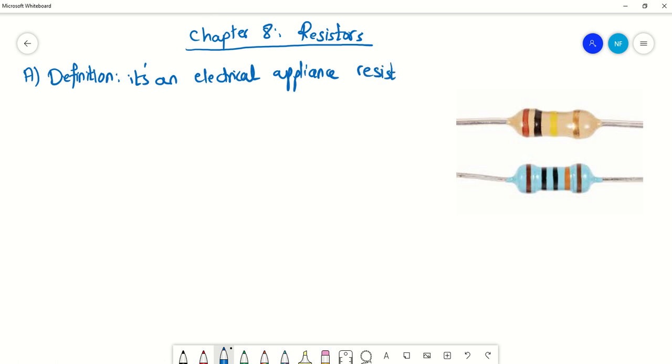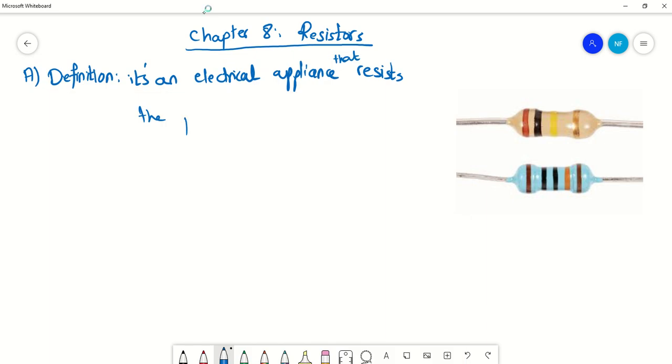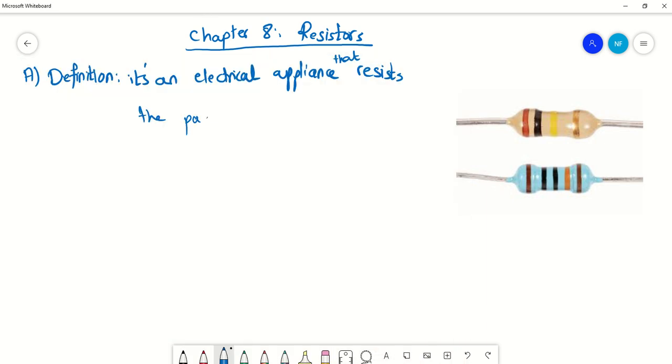As we previously explained, resist means to oppose, so it prevents or limits the passage of electric current. Then it's an electrical appliance that resists the passage of electric current.